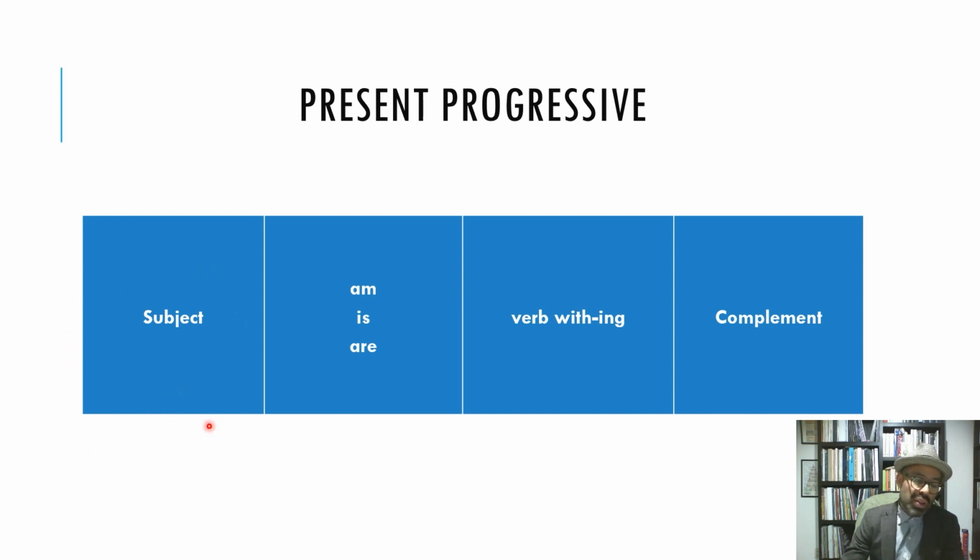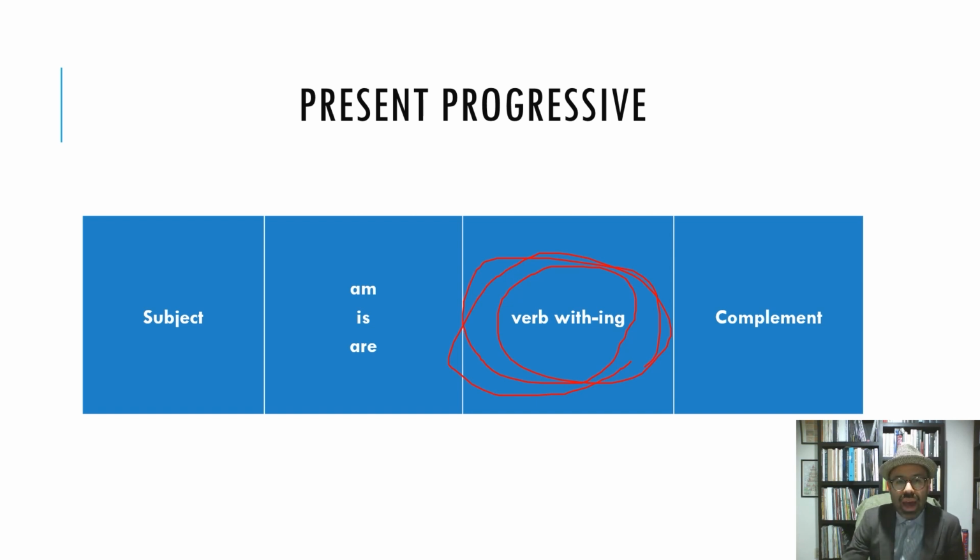It could be a personal pronoun, like he, she, they, or a very specific noun, the plant, my friends and me, Hugo, Paco, and Luis, etc. Then we have this, which is very important, the verb to be in present, that is am, is, or are. It depends on your subject. And then we have this, which is very important, the verb with ing, that is a gerund.